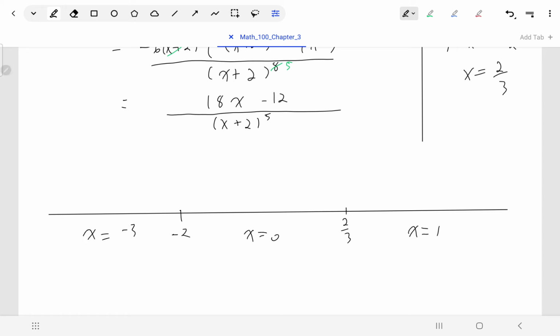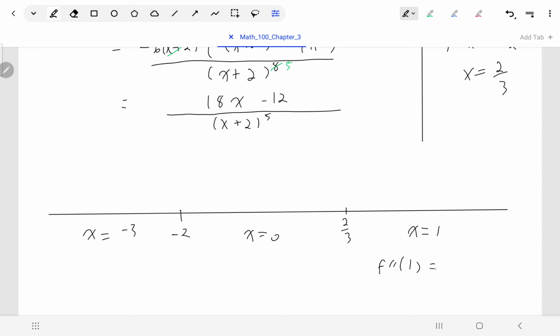So away I go. I'm going to now figure out for myself what I've got for f double prime of 1. So if I put 1 into my second derivative, I would have 18 times 1 minus 12. I'd have 6 on the top. I'd have (1 plus 2) to the power of 5. I'd have 243. So 6 over 243, that's 2 over 81.